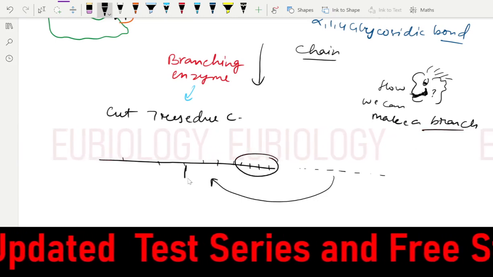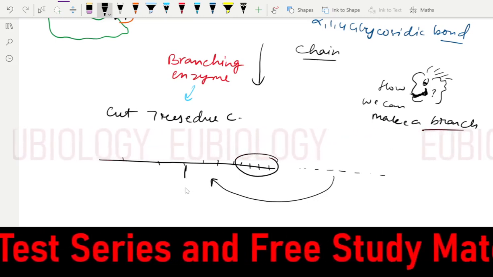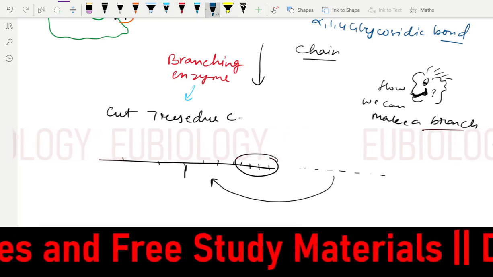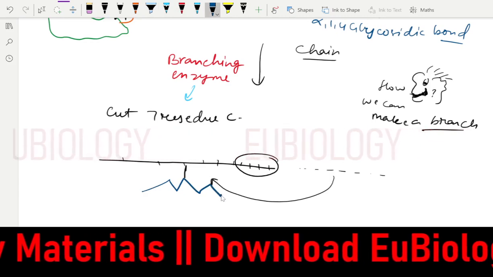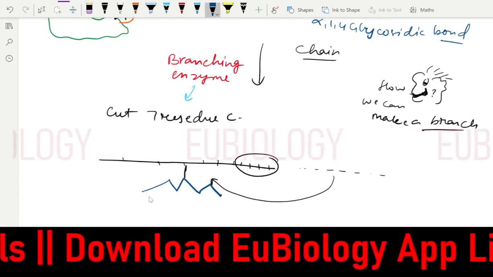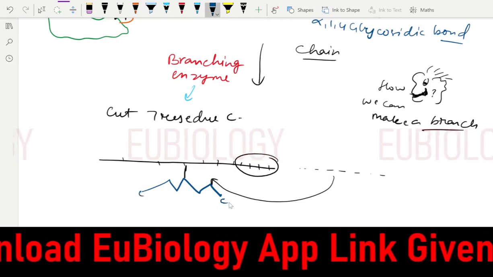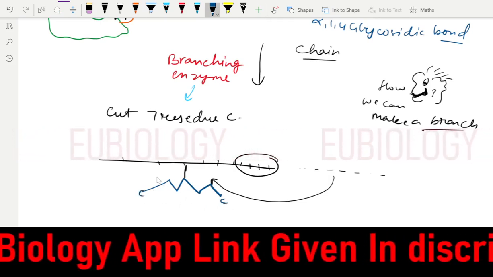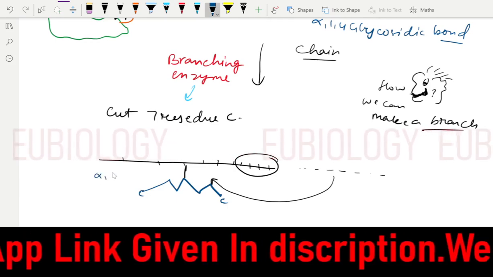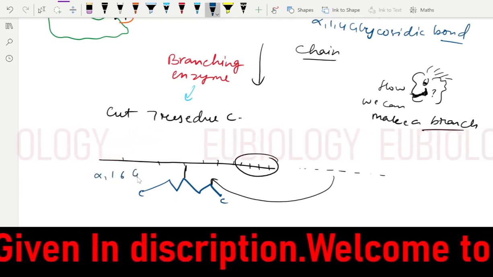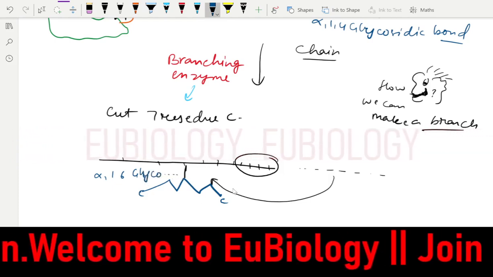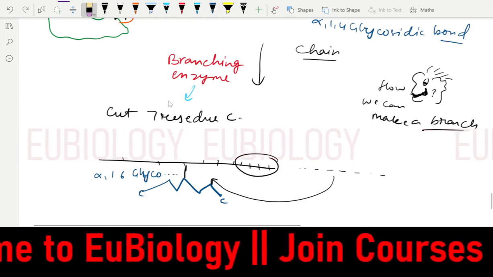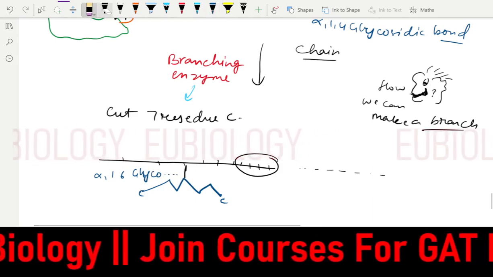This will form a new branching chain, and this will be the alpha 1,6 glycosidic bond.